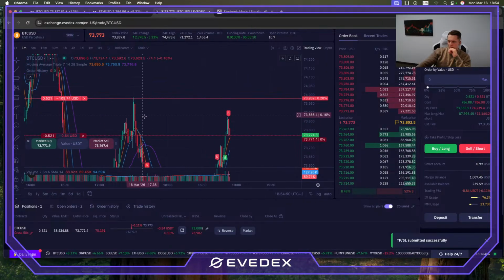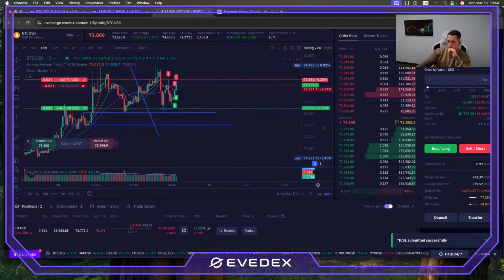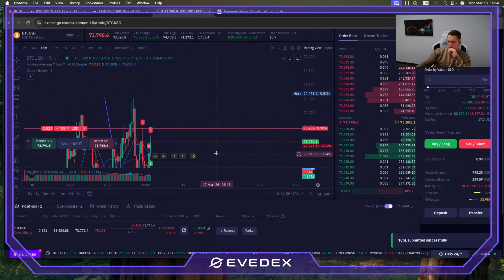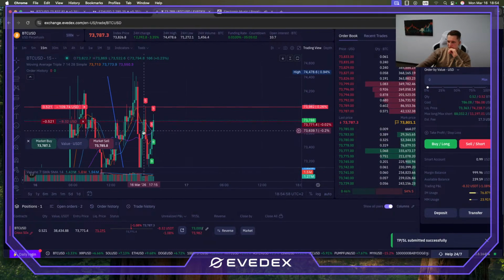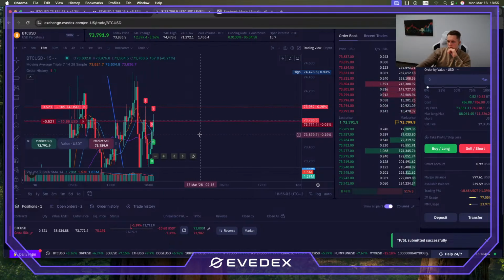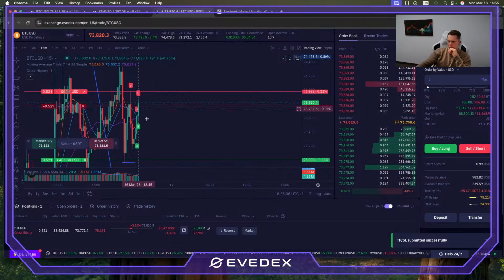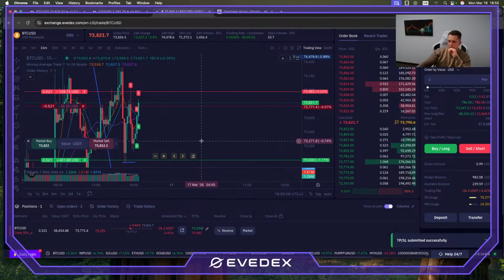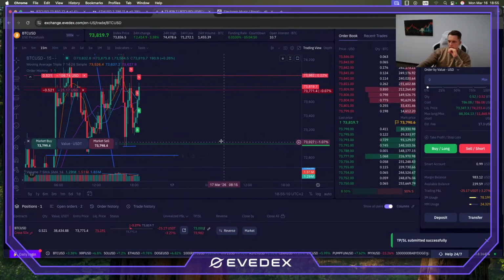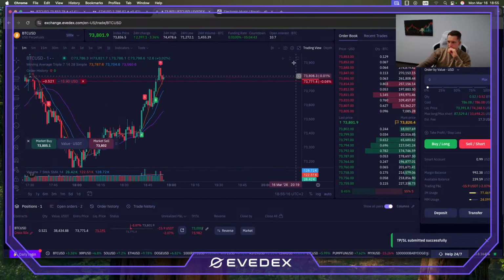So the possibility for a downtrend is still there. And if it does continue for that bearish move and hit 73k, that would be absolutely fantastic.